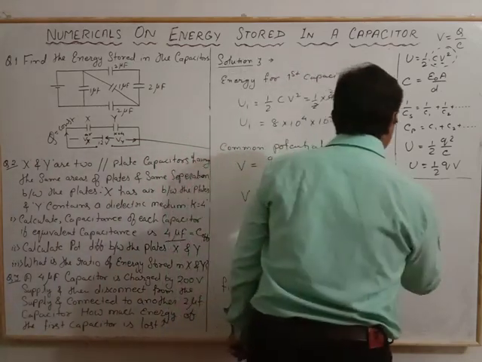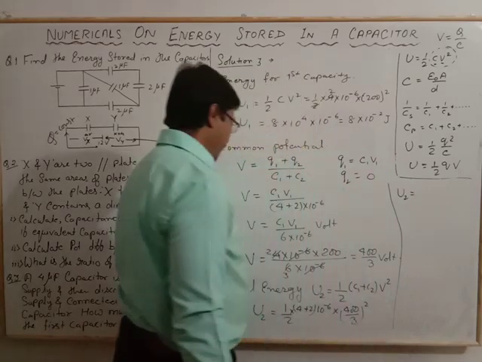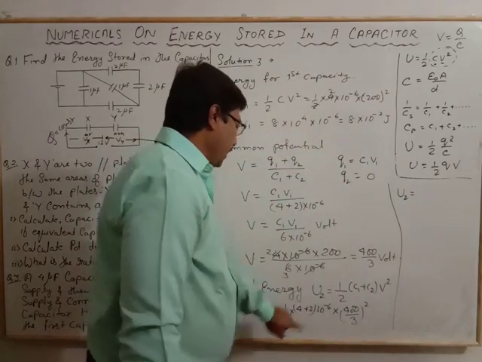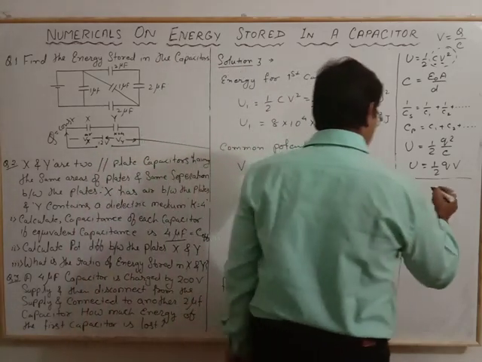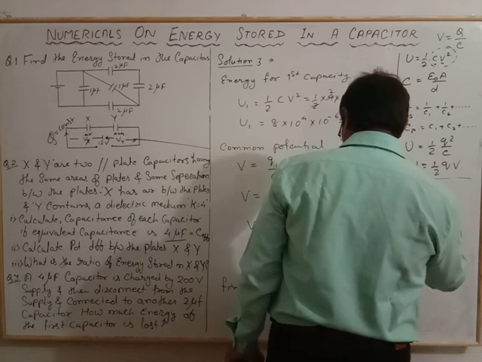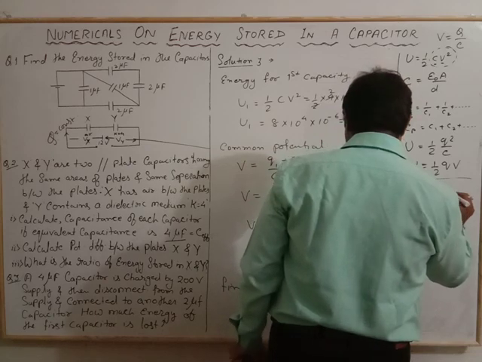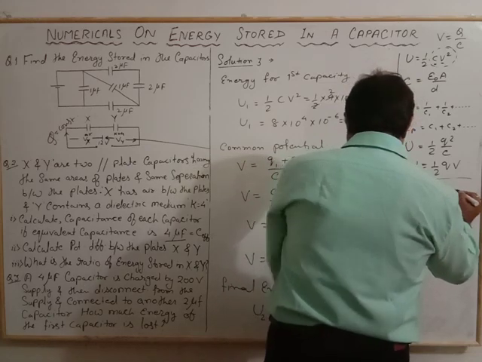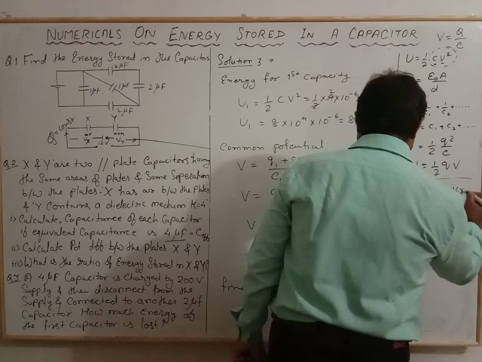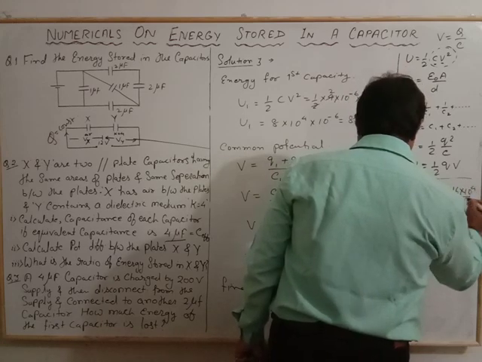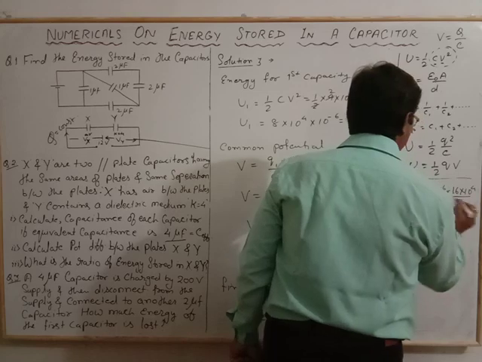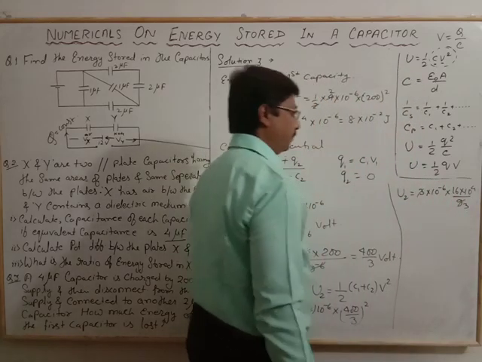Now the energy U2 with the combination becomes 3 into 10 to the power minus 6 into 16 into 10 to the power 4 divided by 9, that means the 3 is cancelled by this 3.